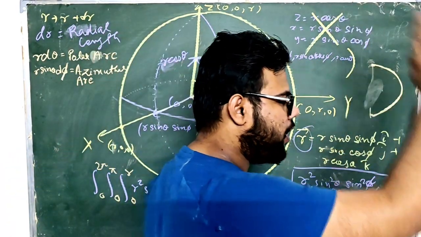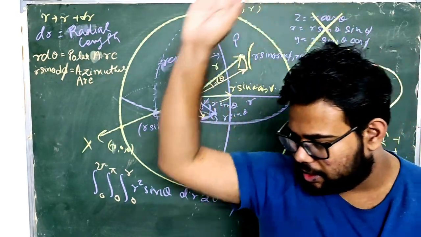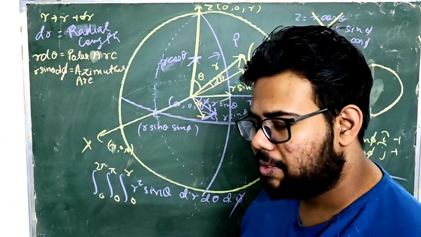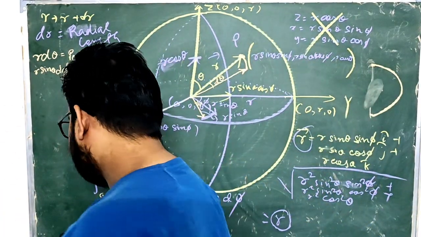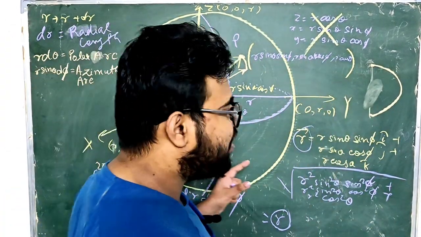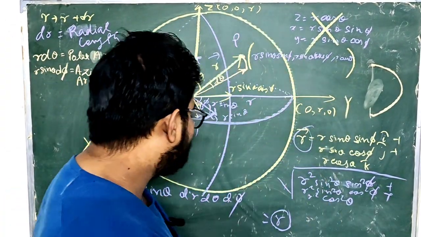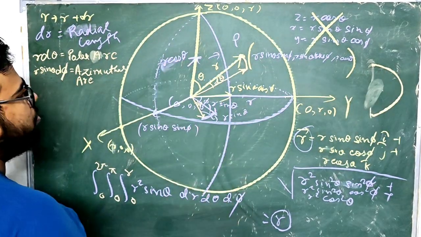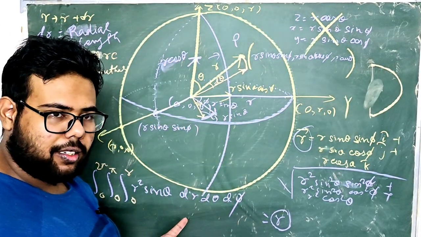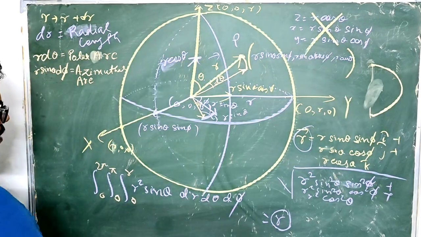Because if I rotate only 180 degrees, what will I get? I will just get a hemisphere. But if I rotate it by 360 degrees, I will get a complete sphere, right? So that is why phi will go from 0 to 2 pi and theta will go from 0 to pi, right?